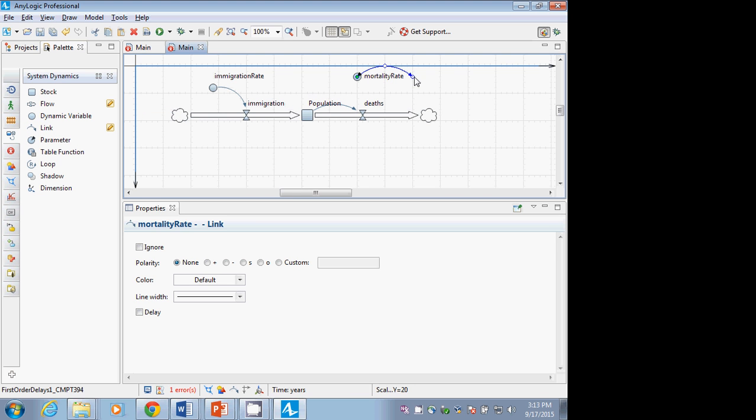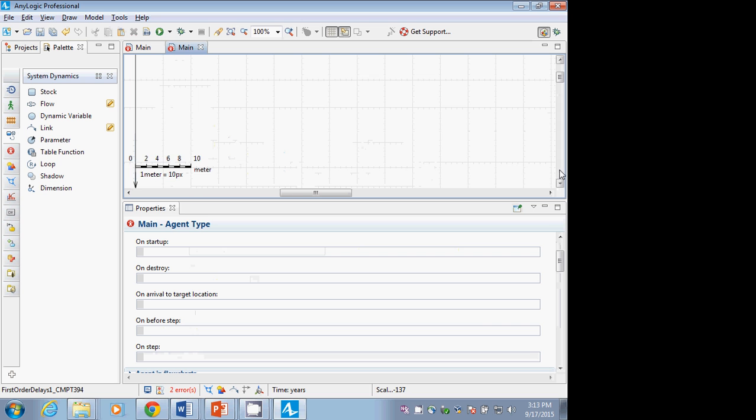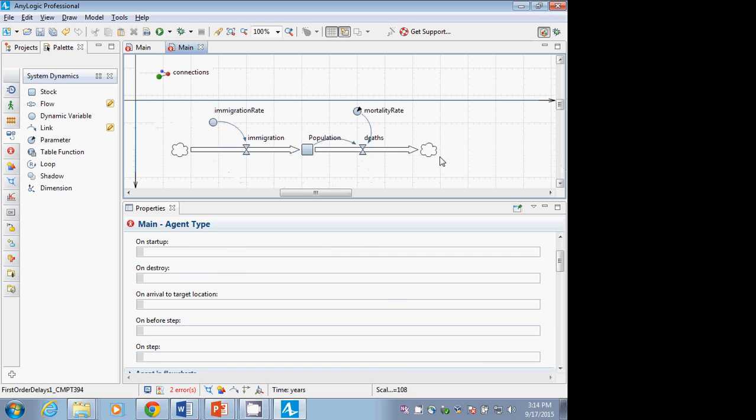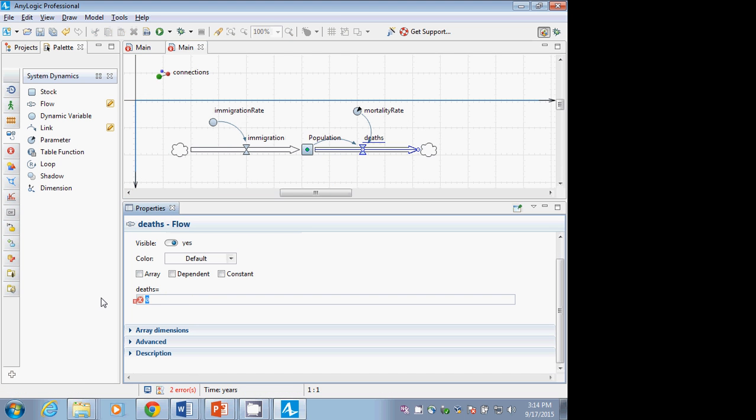It's got to depend on it some. And similarly, if there's a lot more people, presumably there'd be more people per month dying. So it's got to depend on population. There ain't nobody to die if nobody's there. So here we have to have deaths depend on population times mortality rate, right? We saw that earlier. Each person in the population has, say, a 10% chance of dying. Okay, so this is good.